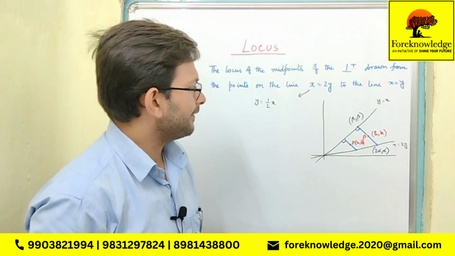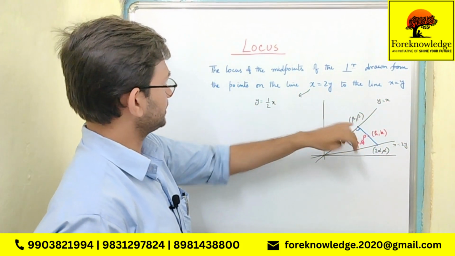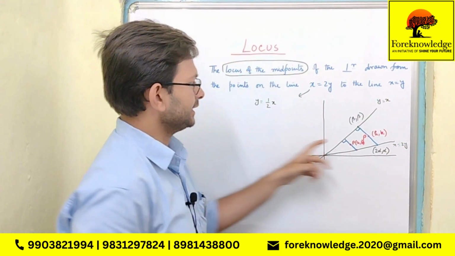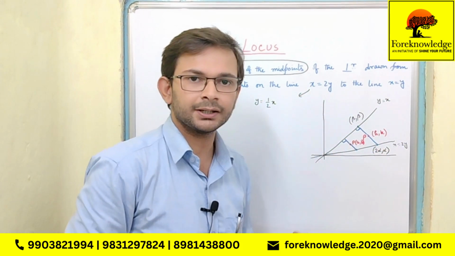Fine. Now, what does the question say? The question says locus of the midpoints. That means h, k is the midpoint of 2 alpha comma alpha and beta comma beta.